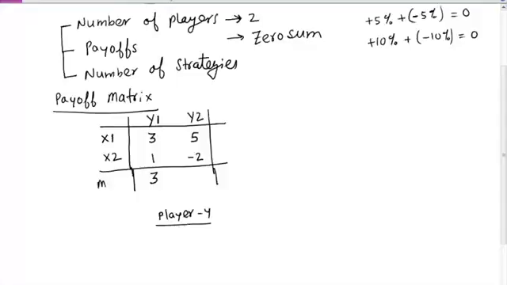So I'm going to write maximum values in this last row. Similarly, the maximum possible loss for player Y will be 5. And basically what player Y will try to do is to minimize the possible losses. So out of the 2 values, player Y will choose this one.